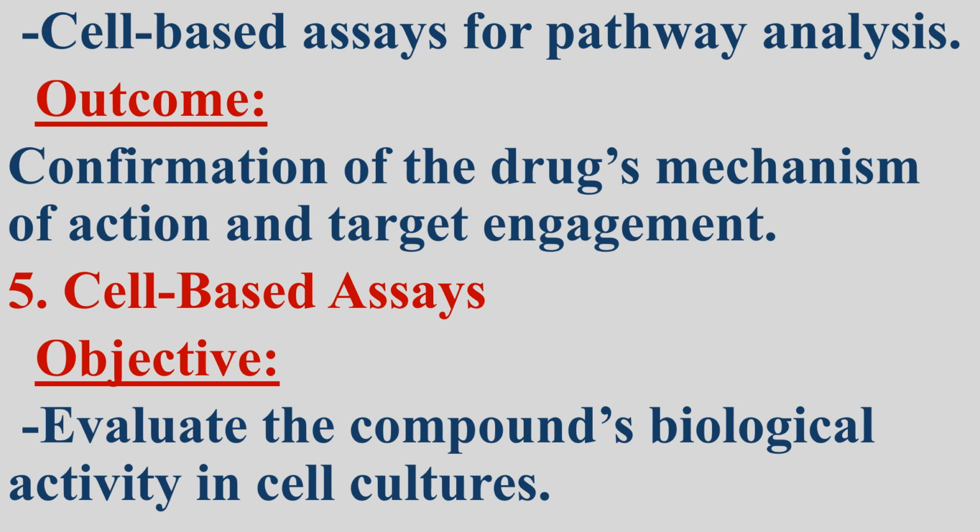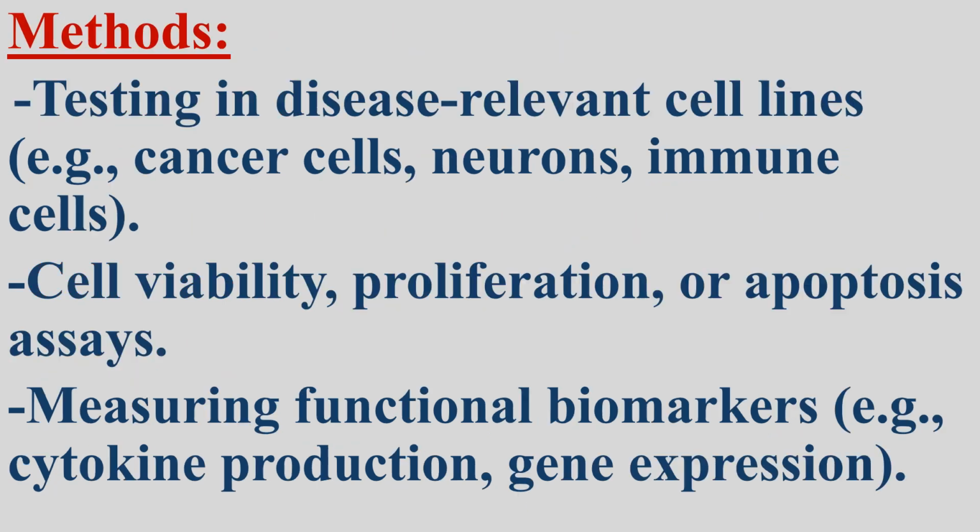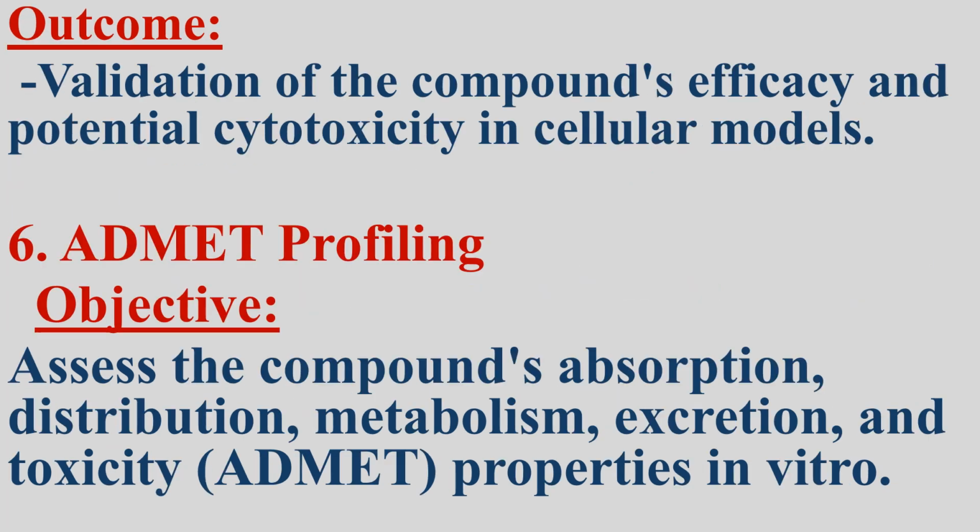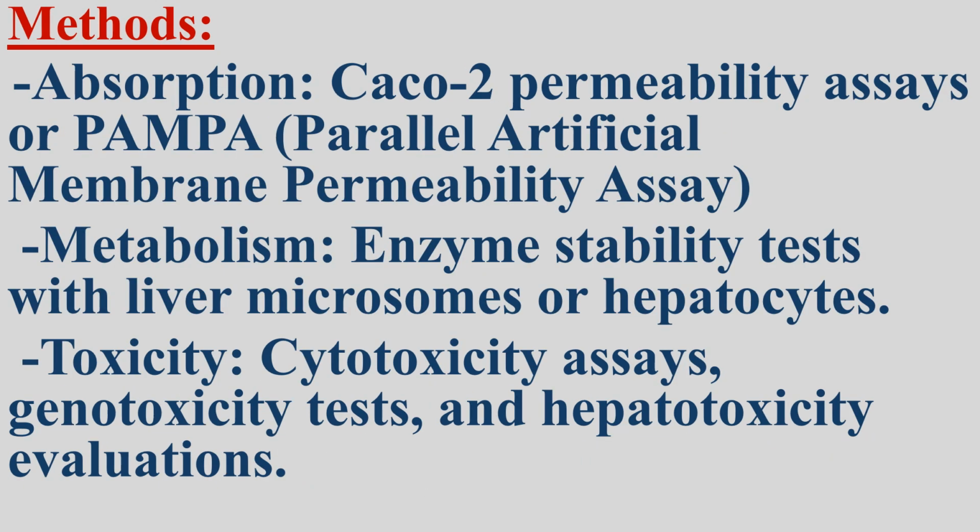As concerning cell-based assays, methods used are testing in disease-relevant cell lines, e.g. cancer cells, neurons, immune cells; cell viability, proliferation, or apoptosis assays; and measuring functional biomarkers, e.g. cytokine production and gene expression. For ADMET profiling methods, we have metabolism: enzyme stability tests with liver microsomes or hepatocytes.